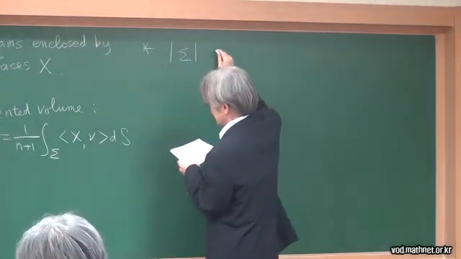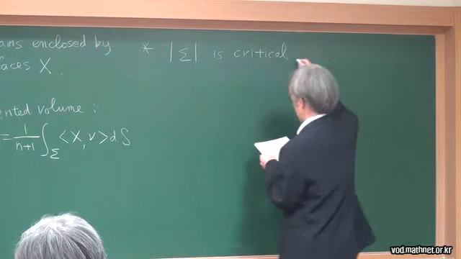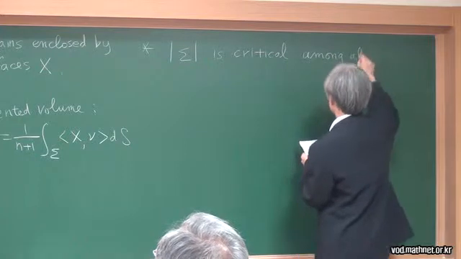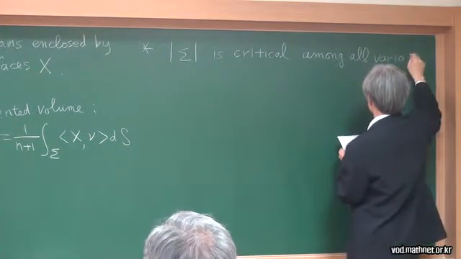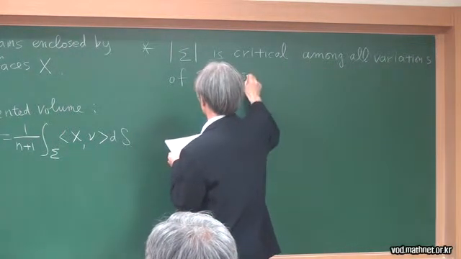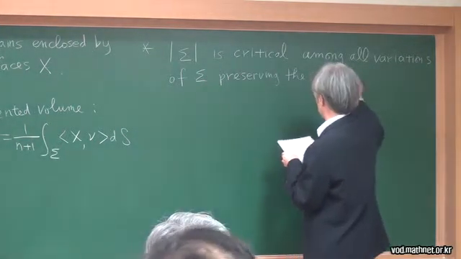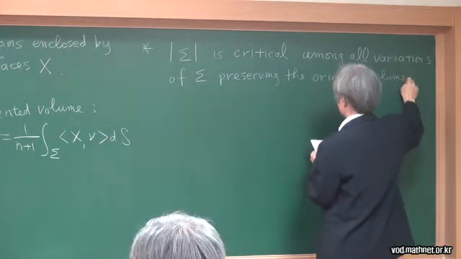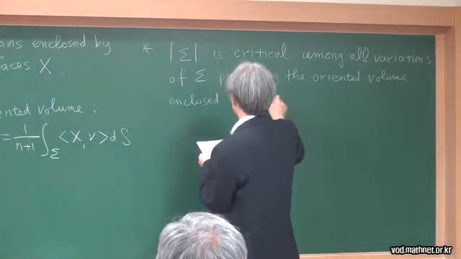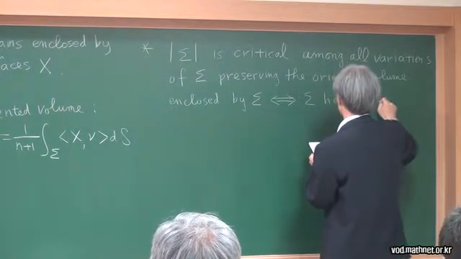So area of sigma is critical among all variations of sigma, preserving the oriented volume enclosed by sigma, if and only if sigma has constant mean curvature.